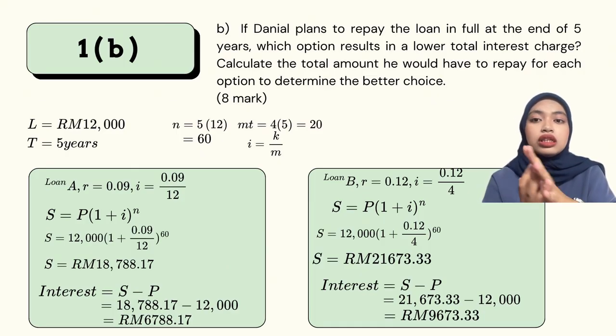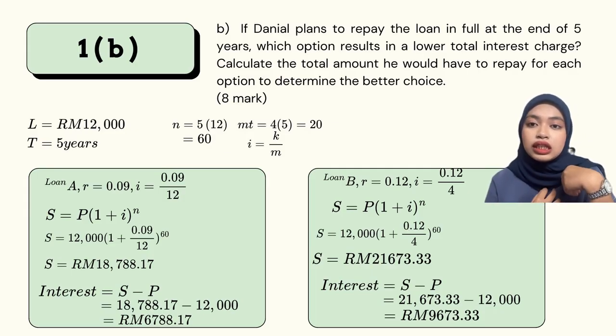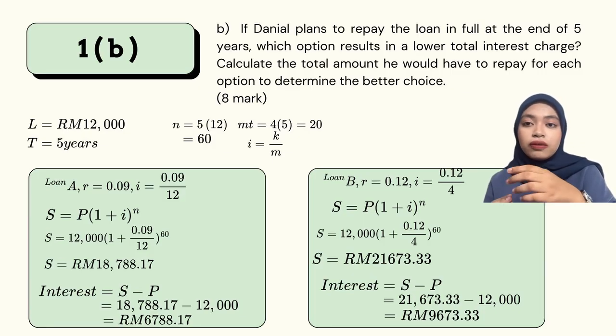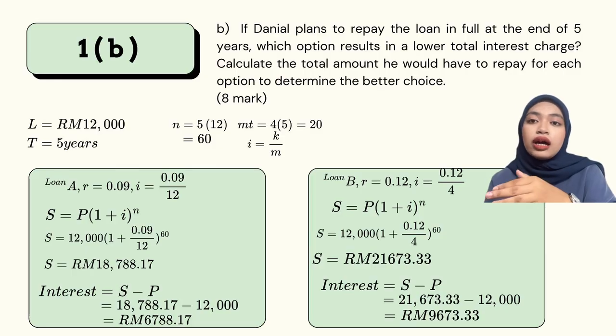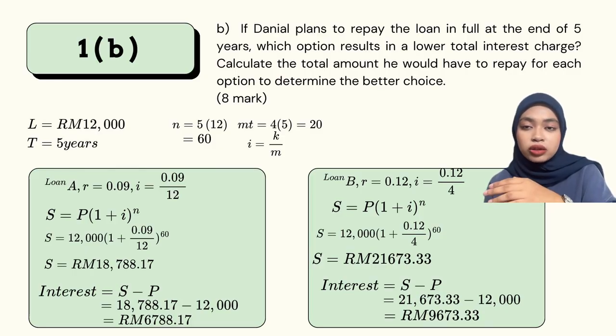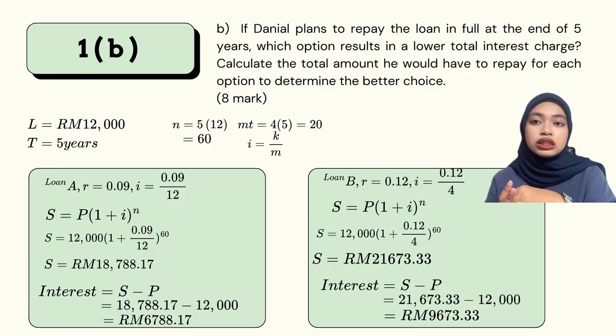So the total amount repaid is 18,788.70 ringgit. The total interest is 6,788.70 ringgit. For loan B, we have 12% compounded quarterly. So the total amount repaid is 21,673.33 ringgit.